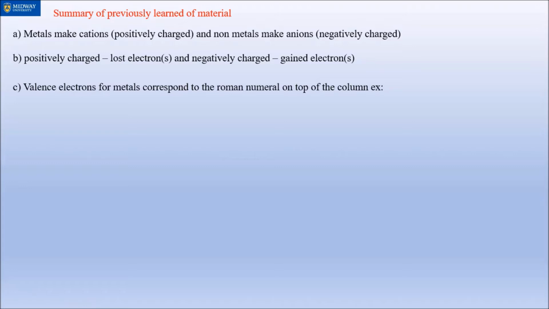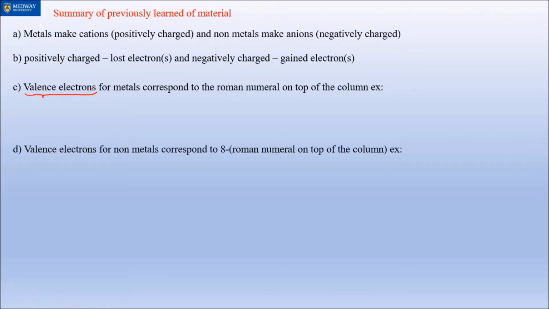I did say that in the last video, where I gave you some practice problems to work. Valence electrons for metals correspond to the Roman numeral on top of the column. For instance, sodium is under column 1A.